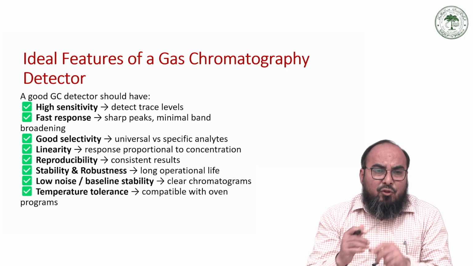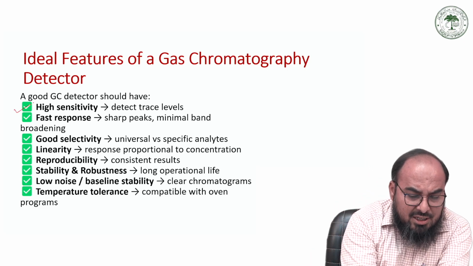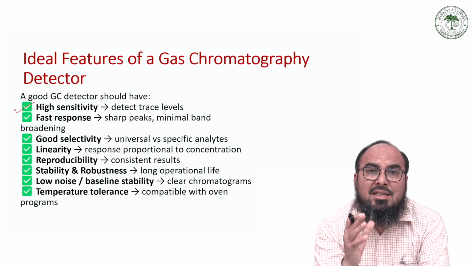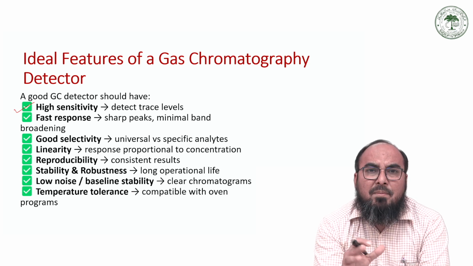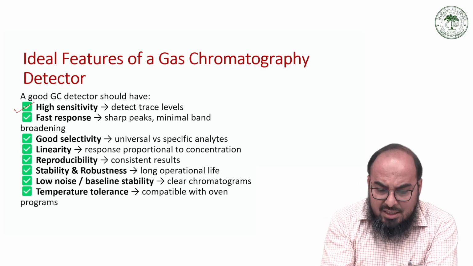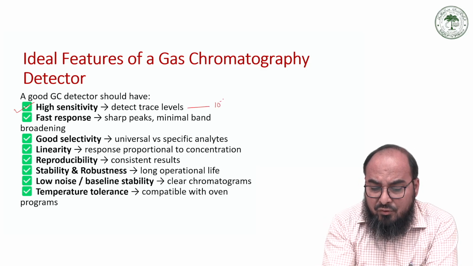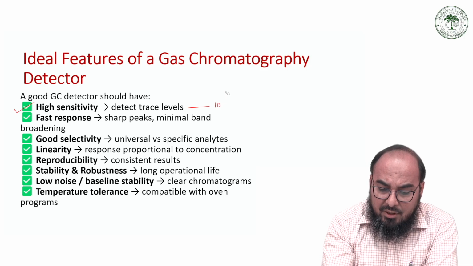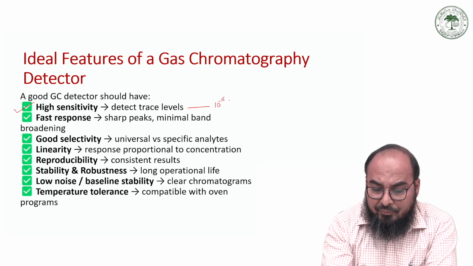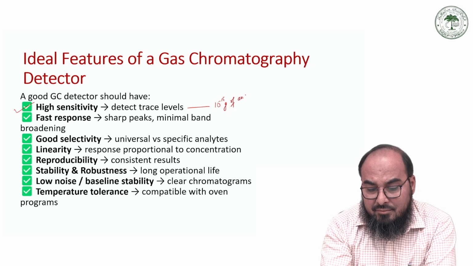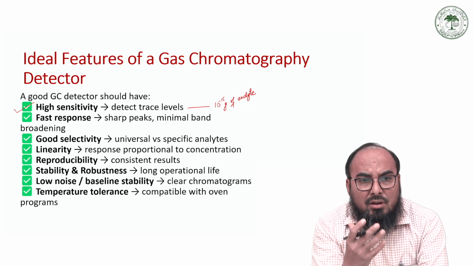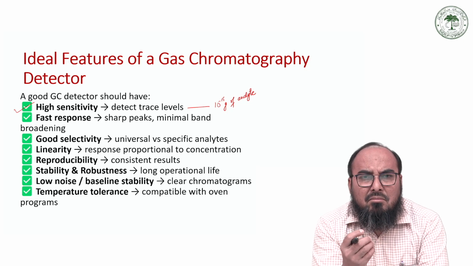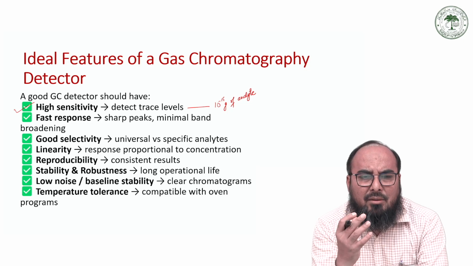First and foremost, your GC detector must have high sensitivity, so that it can detect up to trace level, that is at the ppm level, at the ppb level, up to 10 raised to the power minus 15 gram of analyte. High sensitivity means that it can go beyond the limits.